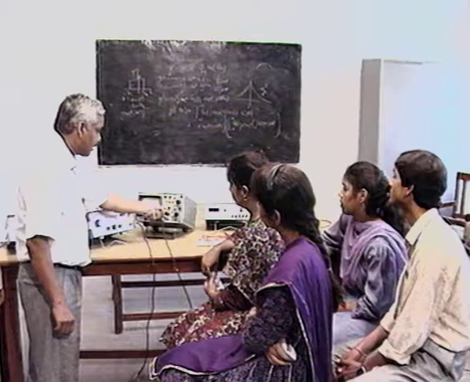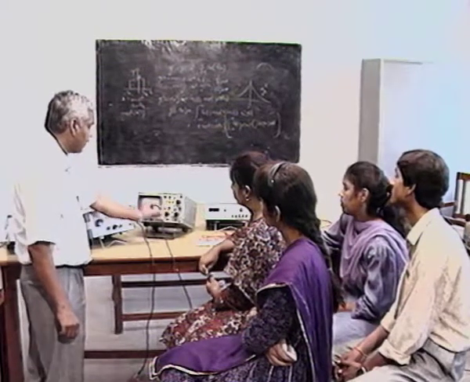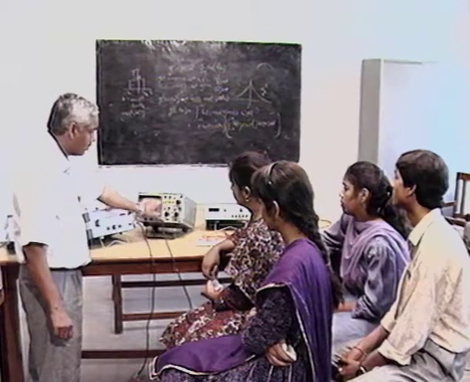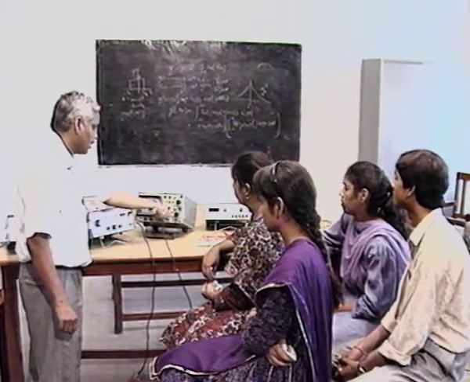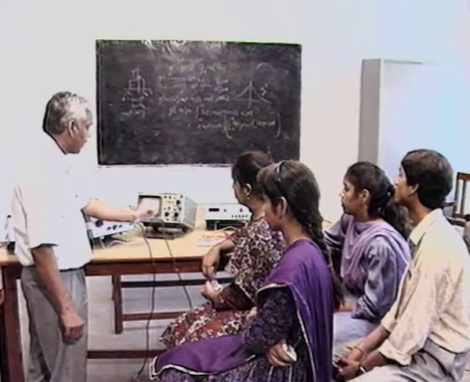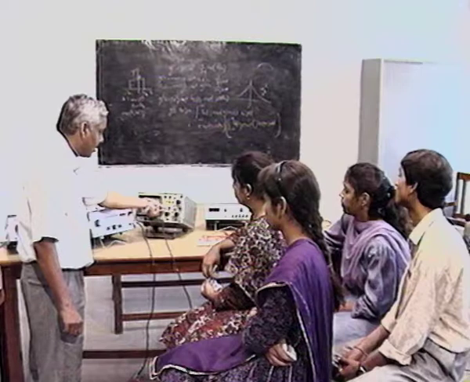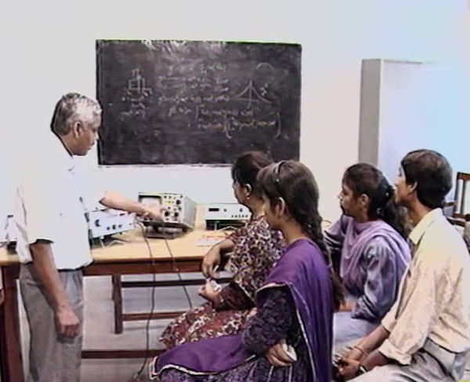When you are performing experiments with the CRO, you should note some practical points carefully and observe certain precautions. The brightness or intensity control, which is usually the on-off switch as well, should be as low as possible.